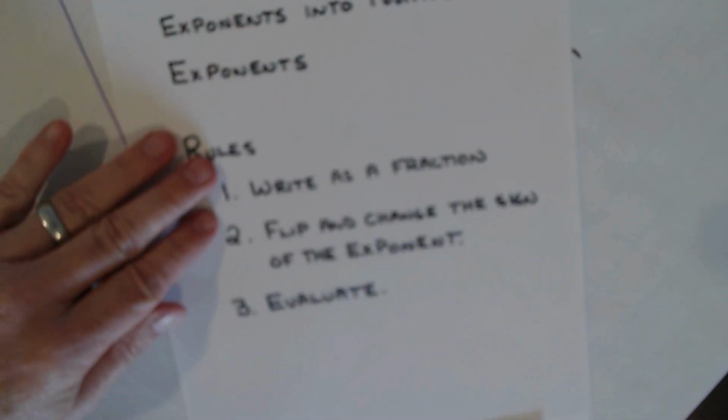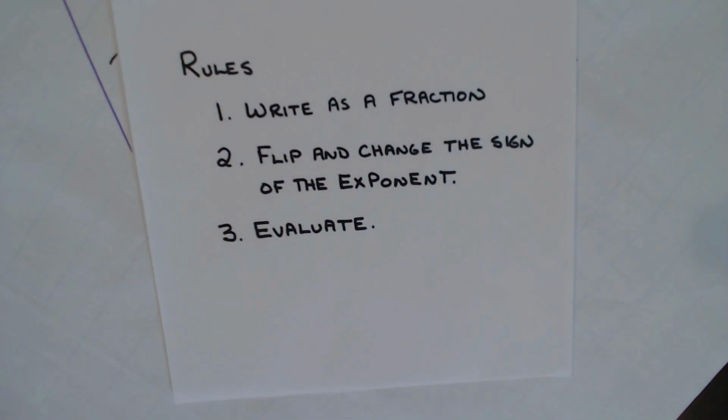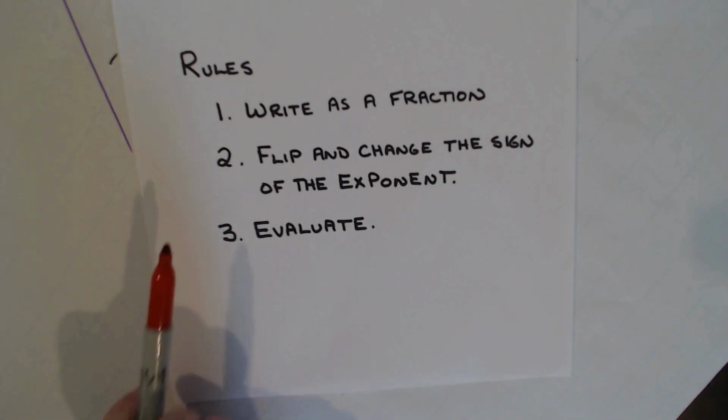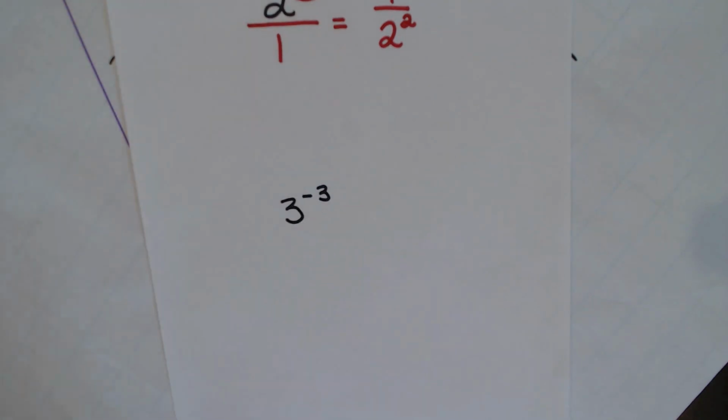The final rule is to evaluate. Always evaluate what you've got, unless it tells you to leave it as a power, but most of the time we're going to evaluate these things. So, write it as a fraction, flip it, and change the sign of only the exponent, then evaluate it. Let's finish this one.